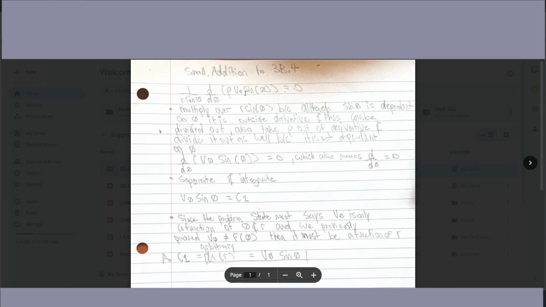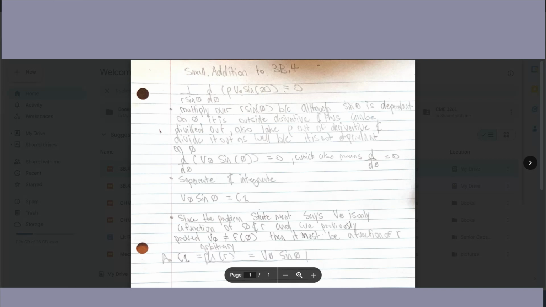So first, you want to multiply through by r sine theta, and that's because even though sine theta is dependent on theta, it's not within the derivative, so you can still multiply it over, even though it's going to get rid of that information. You can't multiply over these because they're within the derivative, but you can multiply this because it's outside of the derivative, basically.